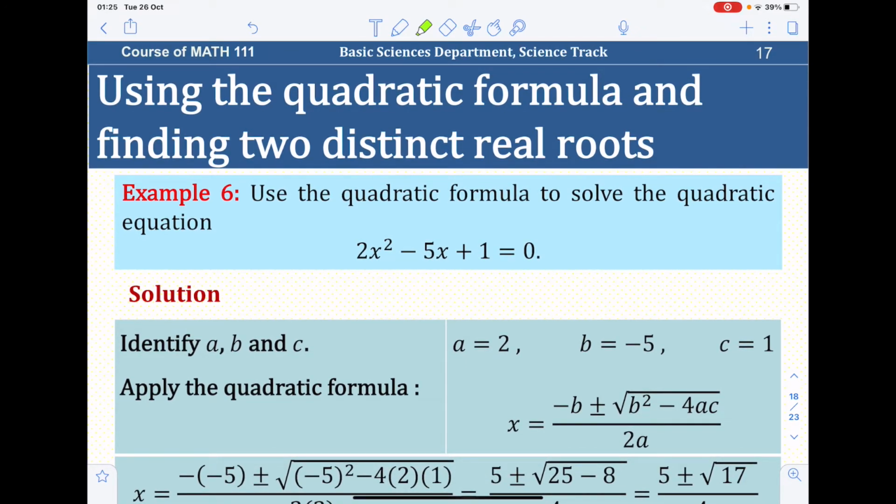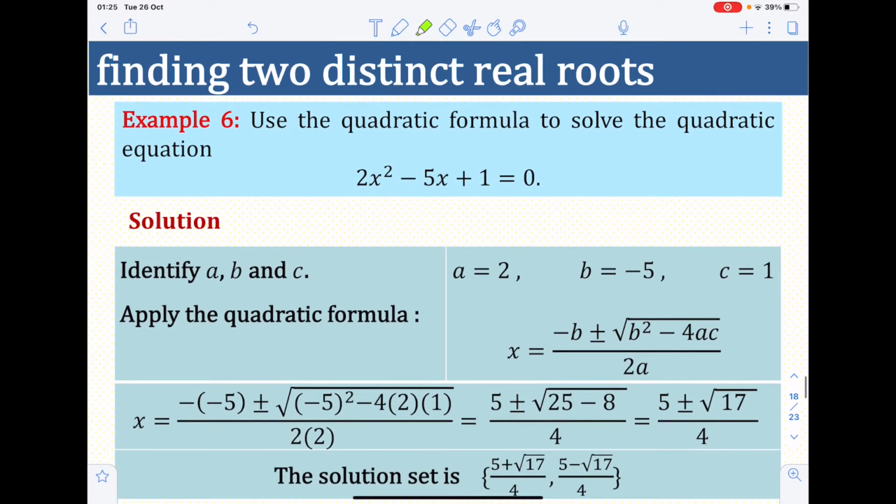For this one, we have how to use the quadratic formula to find out the solution. Okay, so we already talked about how to find out the value under the root, which is this one. So all what you have here is just to apply this formula.